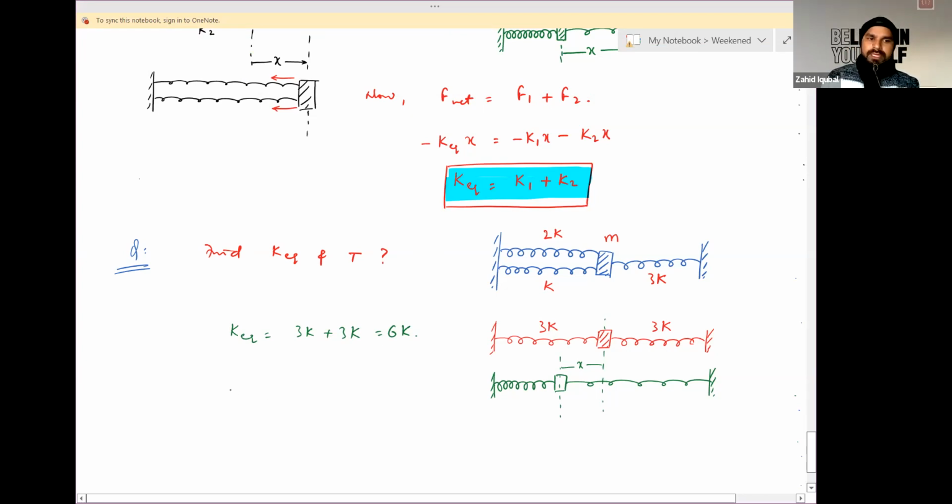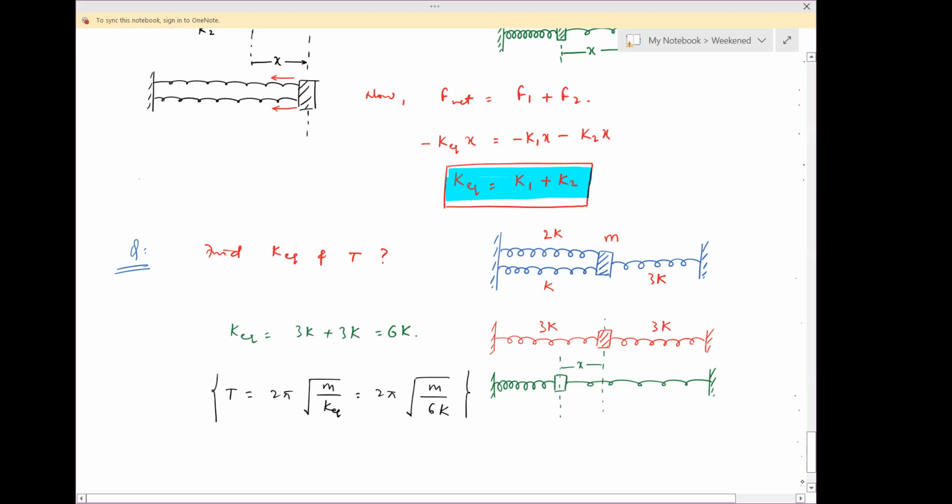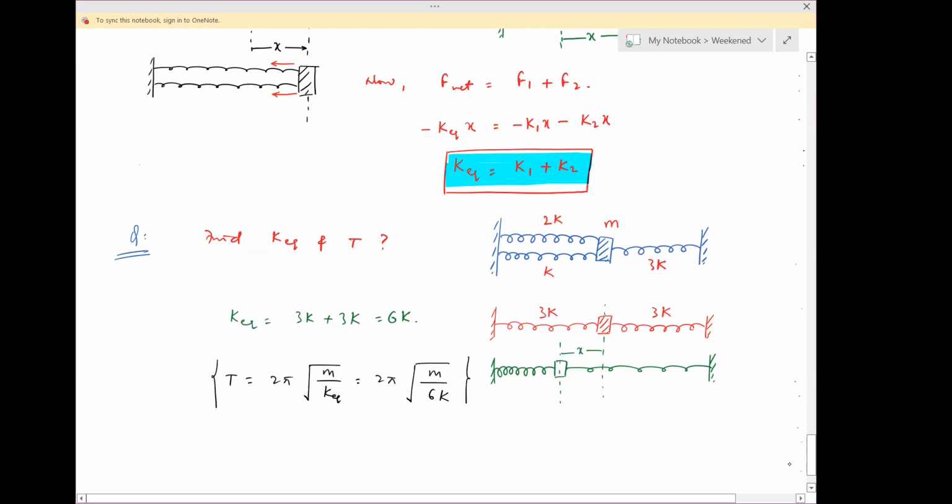Okay, so time period for any combination will be 2 pi root under m by k equivalent. And this part k equivalent is 6K. So it will be 2 pi root under m by 6K. Is it clear? Okay, just write it down.